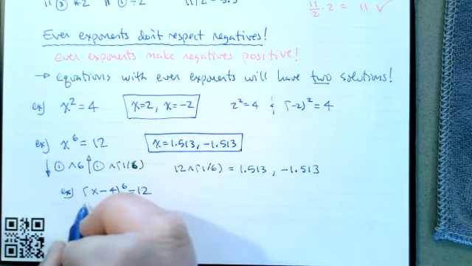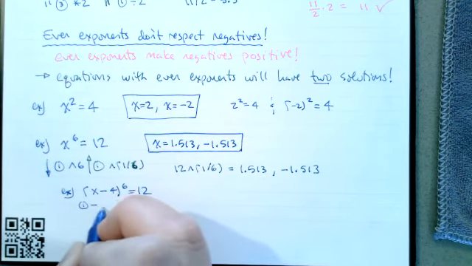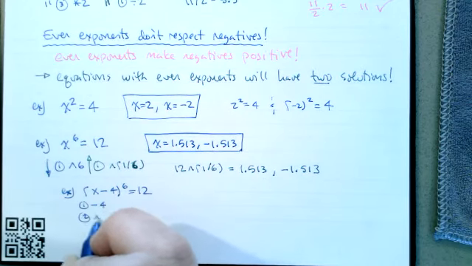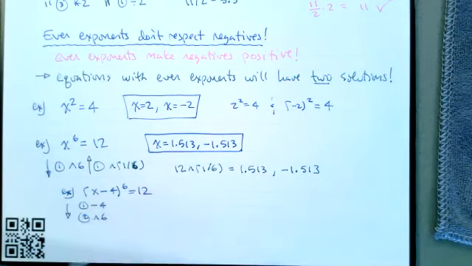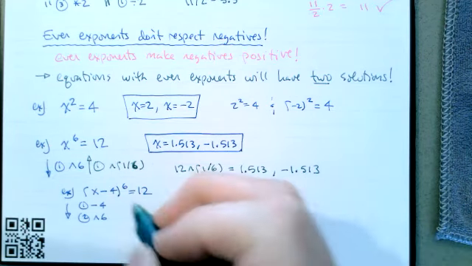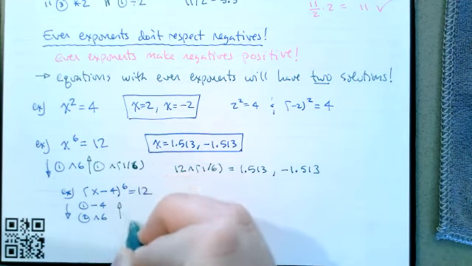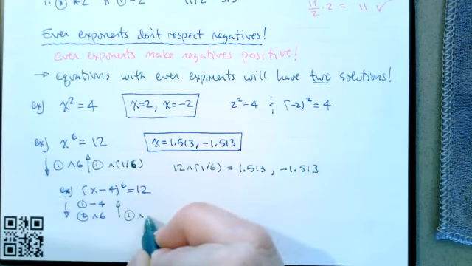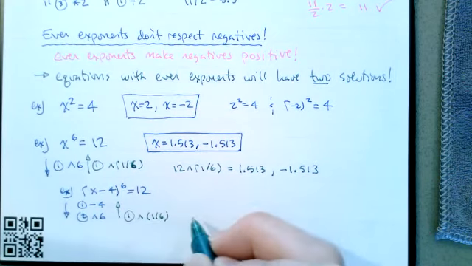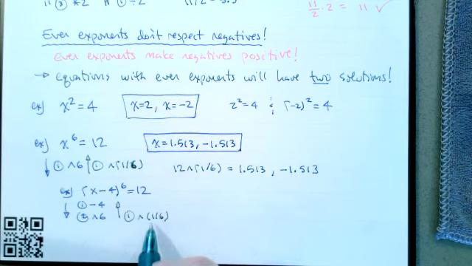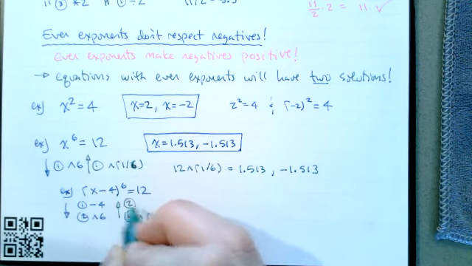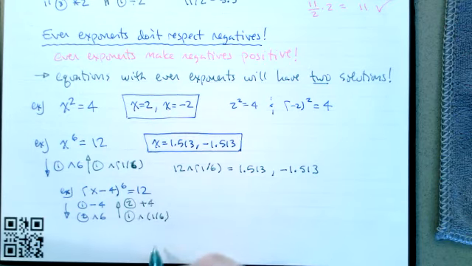So the things that happen to x, first we subtract 4, and second we raise to the 6th power. That's going forward. That's reading the expression. Inverse operations in reverse order. First, we'll raise to the 1/6 power. This is where the two solutions will show up. And so moving backward, when we add 4, we're going to have to add 4 to each one.